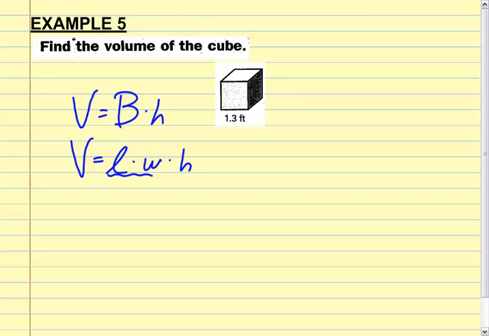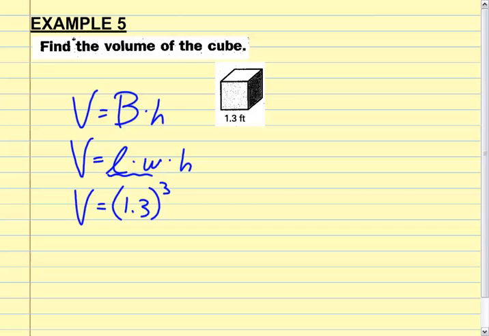Now, in this case, what do I need to do? Well, it's a cube, so couldn't you do square? No. Not squared, but cubed. That's why it has that word. So you could do 1.3 cubed.